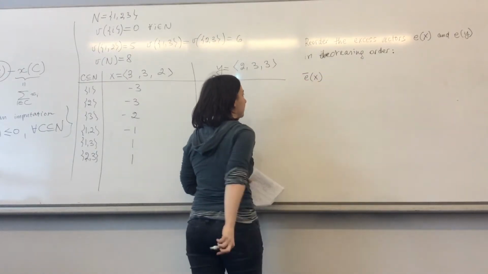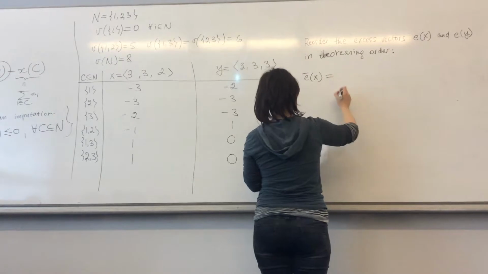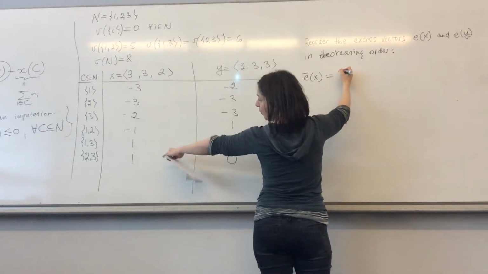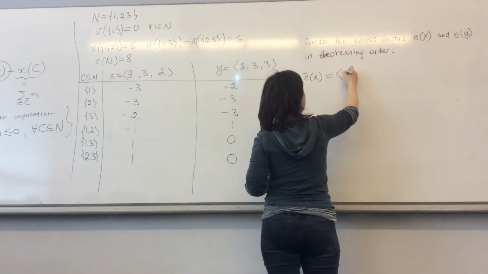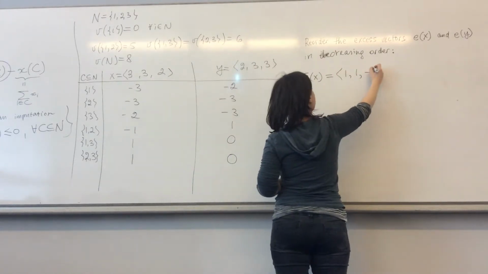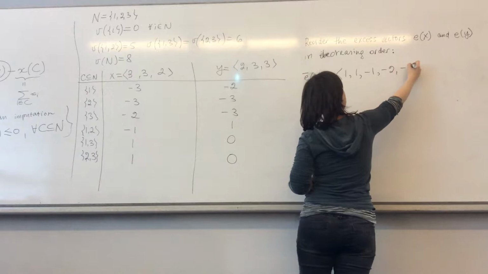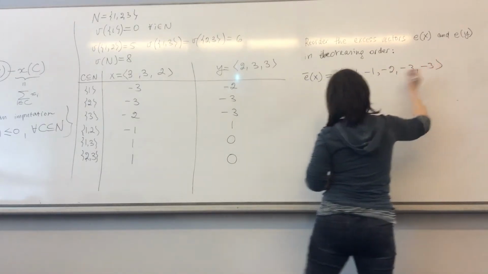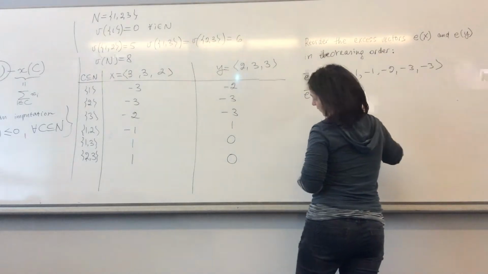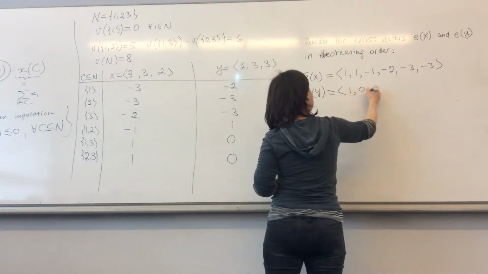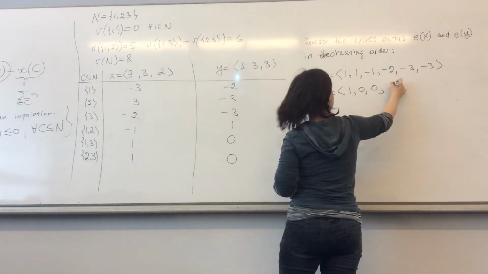So that will be the reordered vector of excesses for x. We will have 1, 1, minus 1, minus 2, minus 3, minus 3. And that of y gives us 1, 0, 0, and the same.